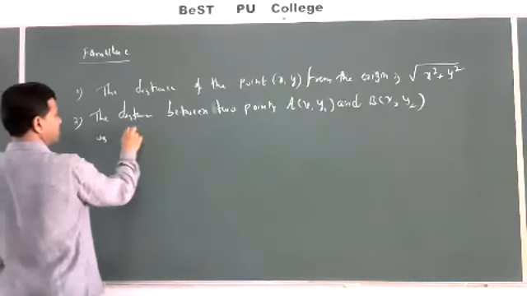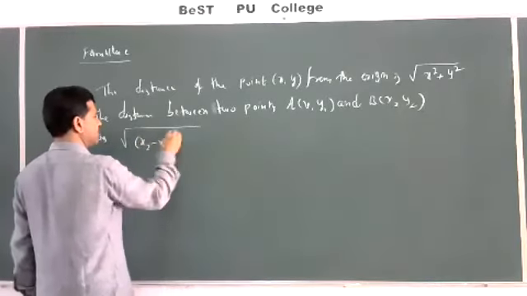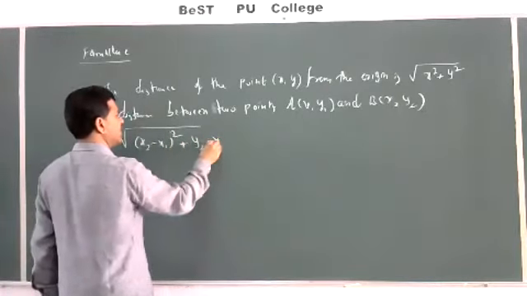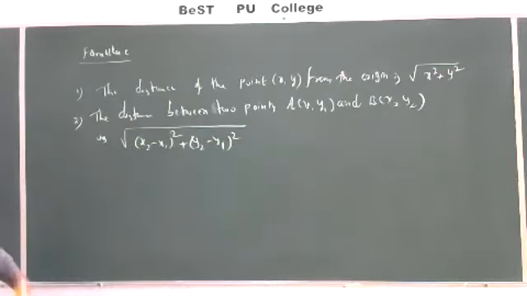Square root of (x2 minus x1) whole square plus (y2 minus y1) whole square. Distance between 2 points formula.